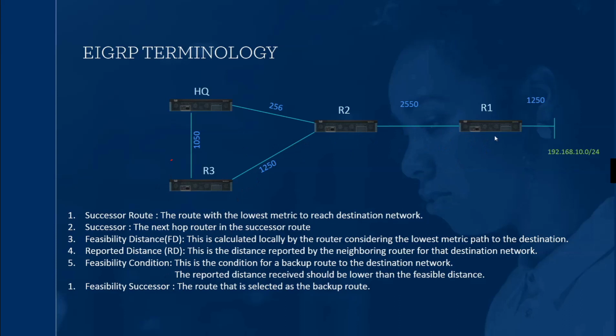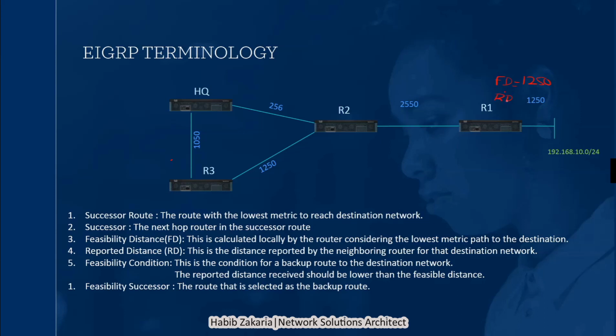So let's go through the topology first, and let's see how we calculate the feasibility distance. From R1's perspective, this is the destination network, which is directly connected to this router. So the feasibility distance here is, as it's in front of you, 1250.